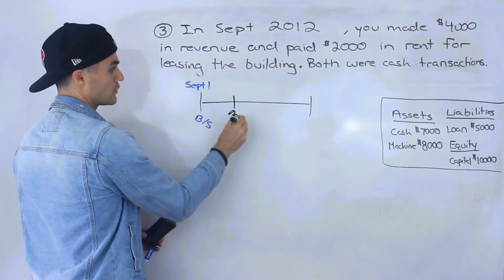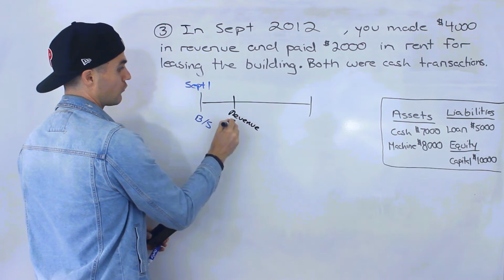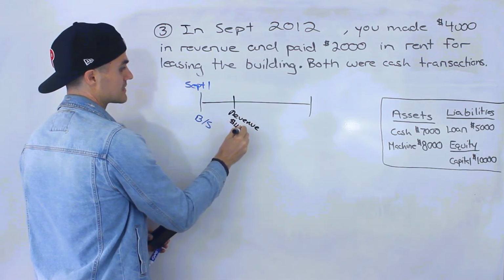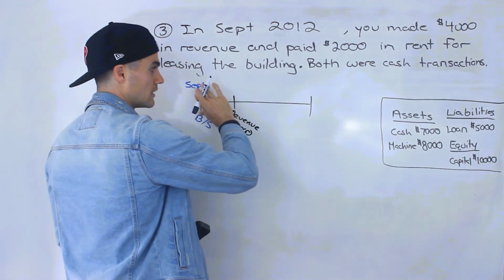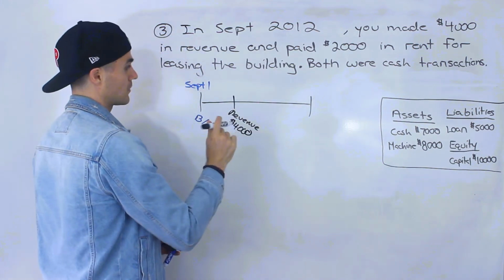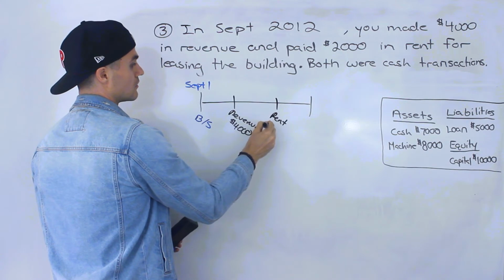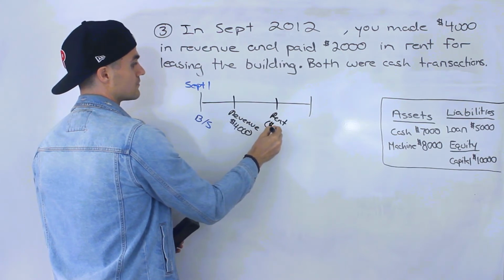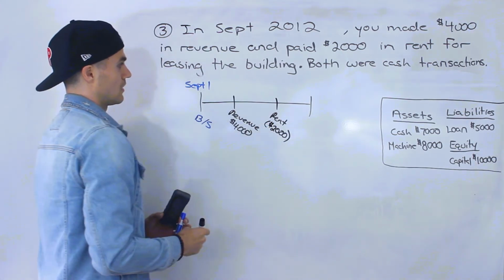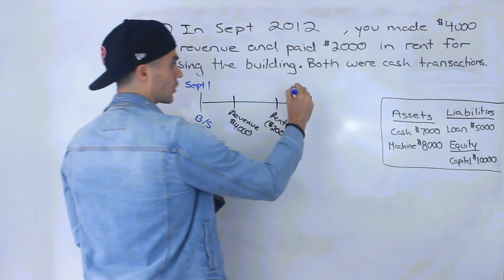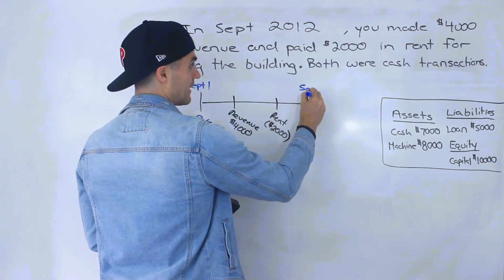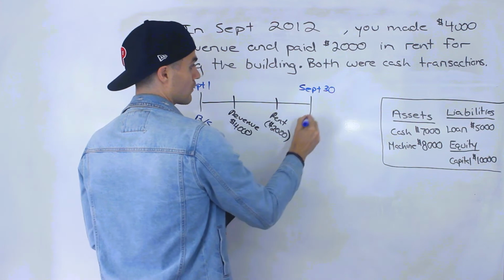So we're going to have that revenue of $4,000. We don't know what exact date it's going to be. Let's just say that revenue is throughout September. And then we're going to have that rent that we have to pay for $2,000. And then we're going to have a new balance sheet at the end of the period, September 30th.